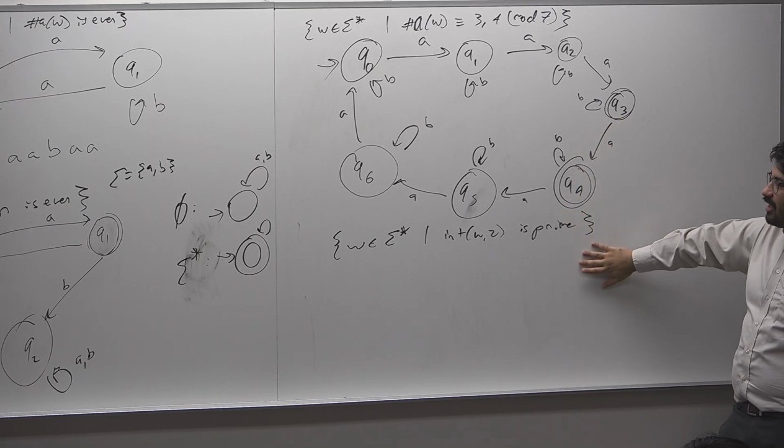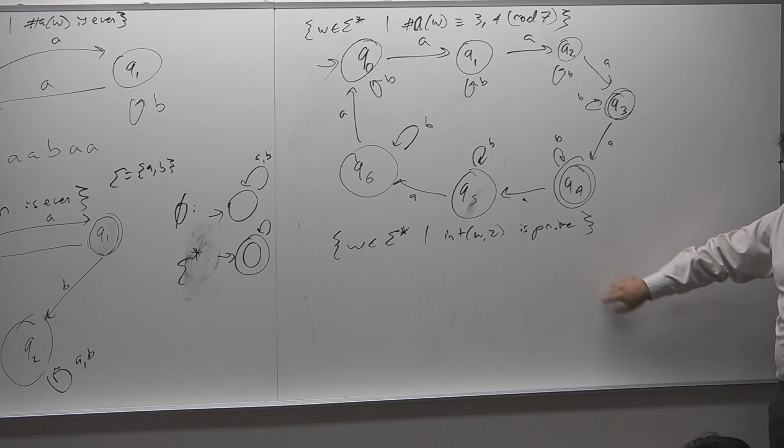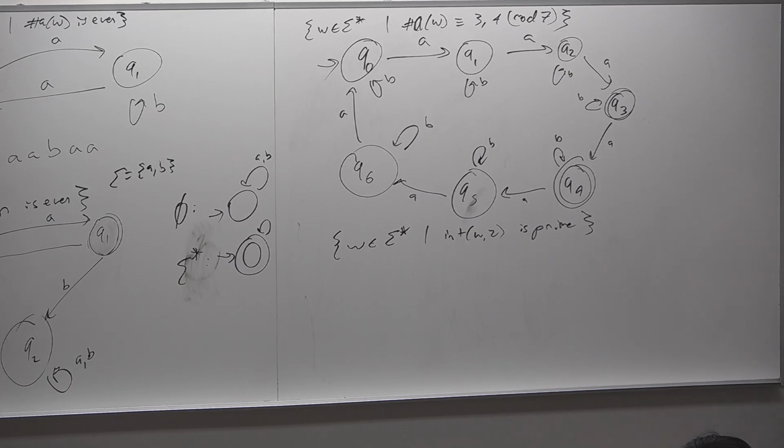Can you think of something that would not be describable by a DFA, that there is no DFA? Can you think of a set of strings that has no DFA to decide it? Conceptually, again, a difficult question.